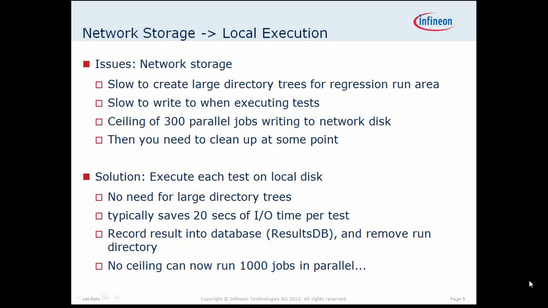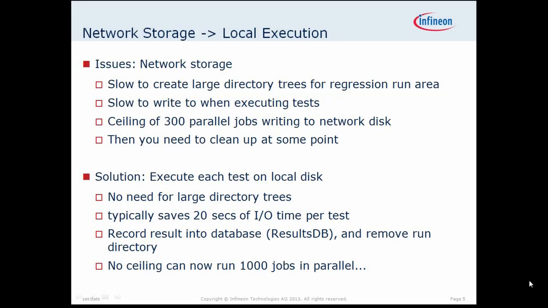The problem with that is it becomes a bottleneck writing back to a network disk somewhere, and we found that there was a ceiling: if we were running more than 300 jobs in parallel, all writing back to a single network filer, the filer's performance degraded so much that we may as well have been running 10 jobs in parallel.